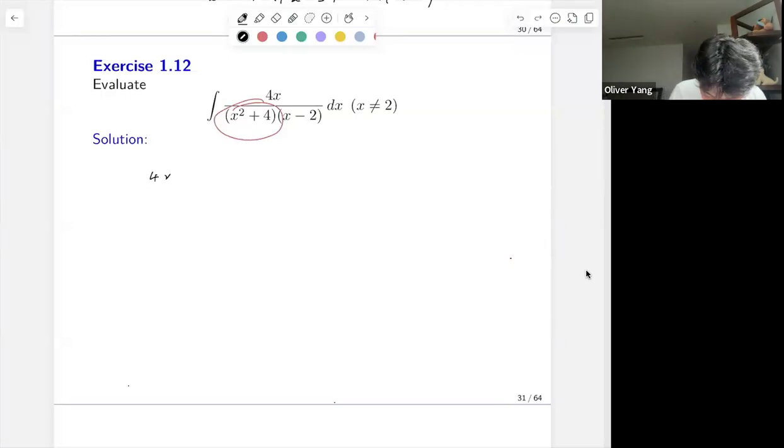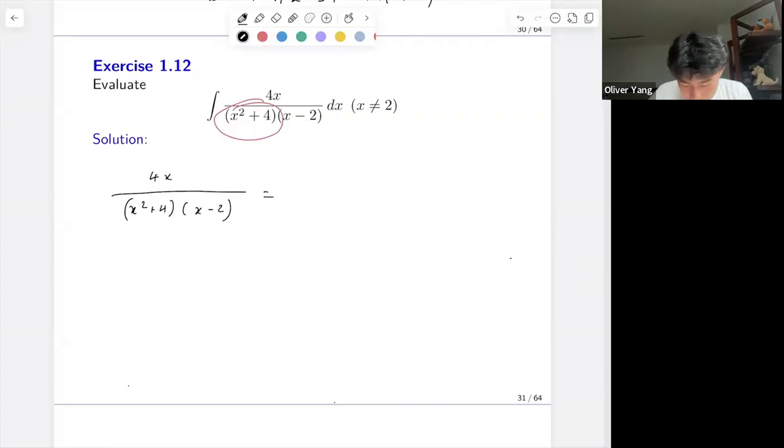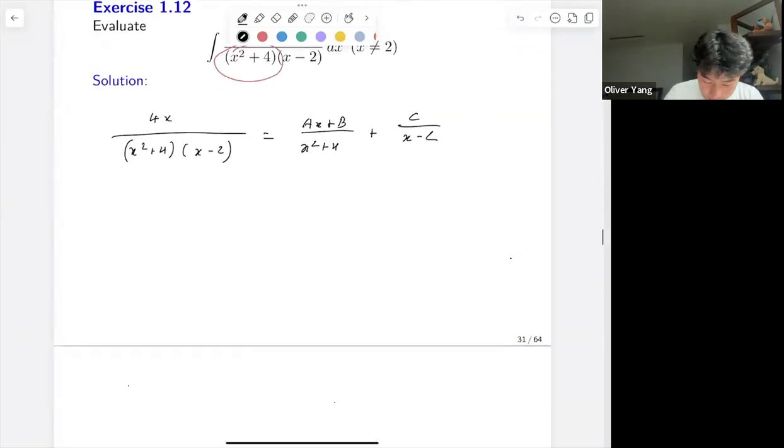So for 4x over the denominator equals, right? It's going to be (ax plus b) over x squared plus 4 plus c over x minus 2. Yeah? All right, cool. So first we're going to multiply through.